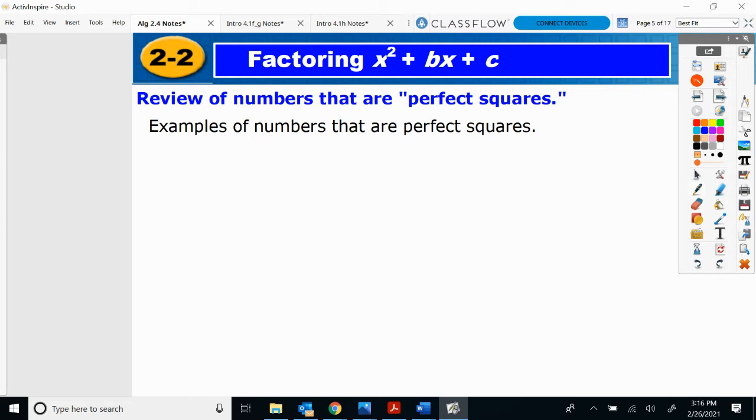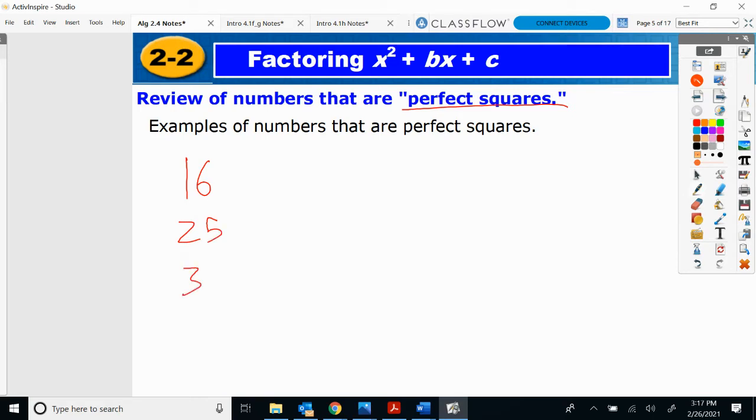Okay, well, first, before we do that, this is important. We have to look at numbers that are perfect squares. Okay, so there are numbers in the world out there that are called perfect squares. An example of one of them is 16. Okay, and I want you to think about why 16 would be considered a perfect square. Another one, 25.